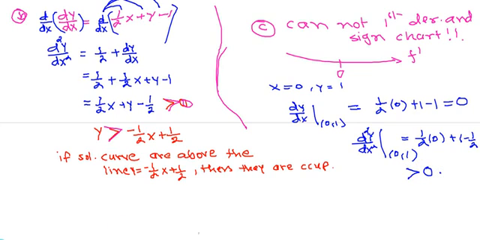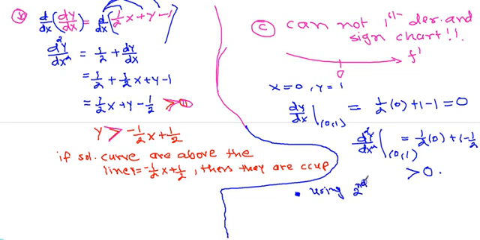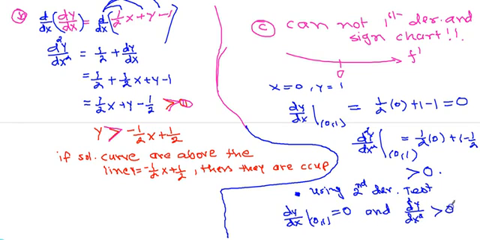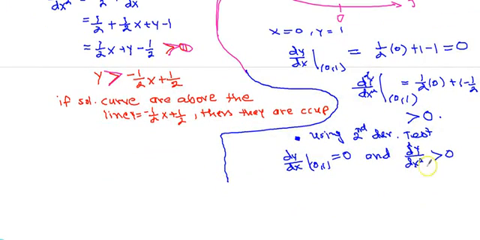So I'm going to write the solution answer for C here. How do you write the answer for C? Using second derivative test. F prime, no, should not use F prime. dy/dx at (0, 1) is 0, and d squared y over dx squared is greater than 0, which means graph is concave up.